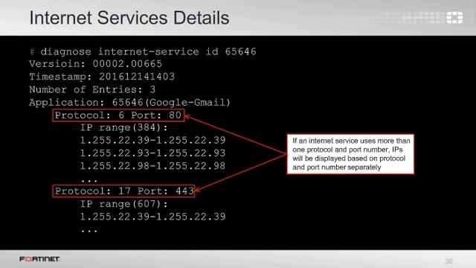To get all the details about an Internet service, use the command diagnose Internet service ID. It displays each and all the IP address ranges, together with the port and IP protocol numbers.